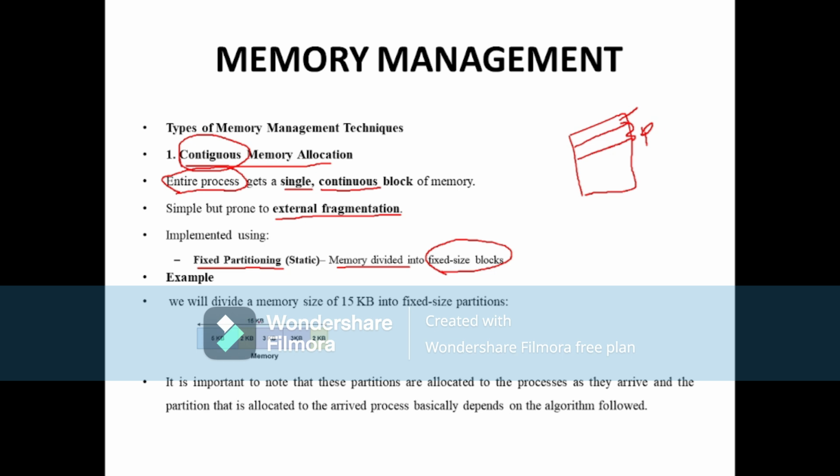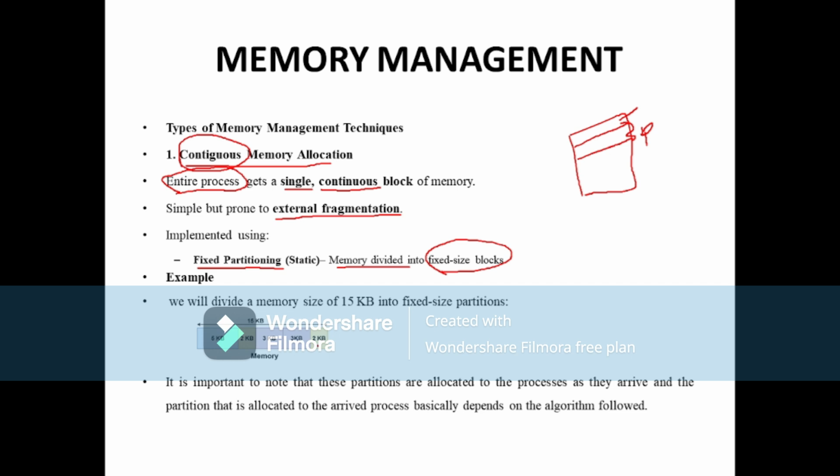Here is 15 KB of memory, and it is divided into 5 blocks. The first block is 5 KB, the second block is of size 2 KB, the third block is of size 3 KB, the next is 3 KB, and the last block of the memory is of size 2 KB.